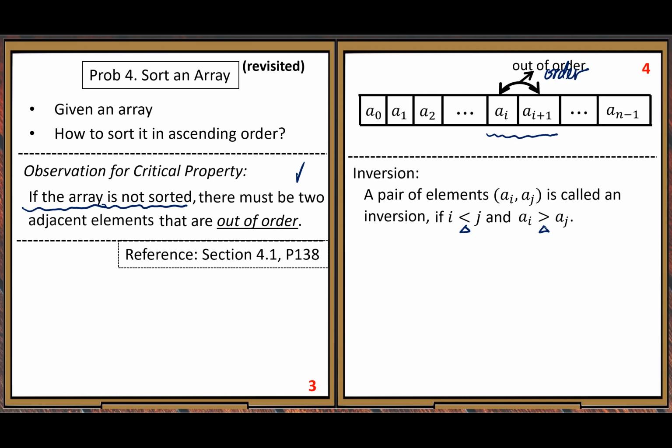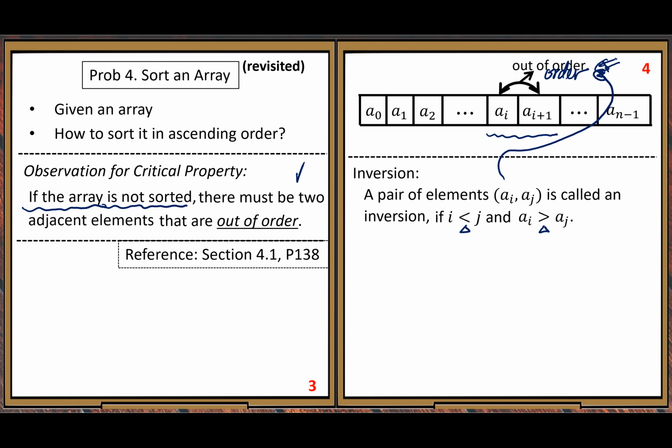And you can understand why we need this concept, because this concept just describes that out of order phenomena, the out of order state. So we want to discuss based on out of order phenomena.